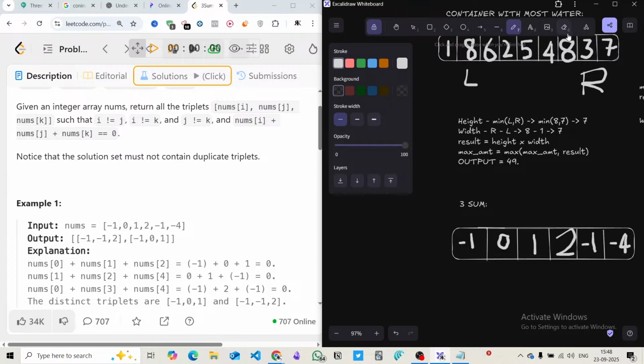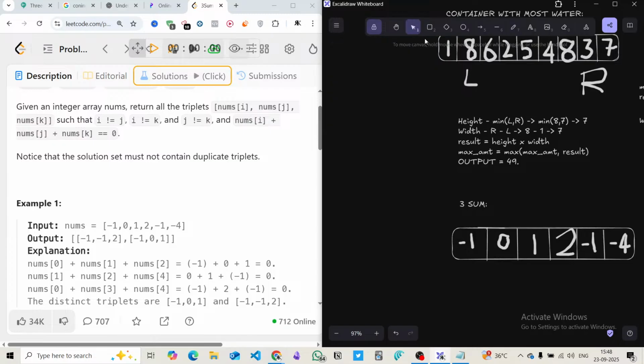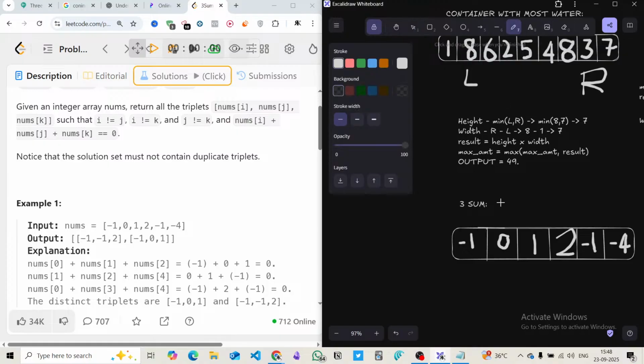So we need two moving pointers and one iterating pointer. I don't know whether it's a solution or not, but we can try whether the L and R should be like this, at the starting and the end of the array.